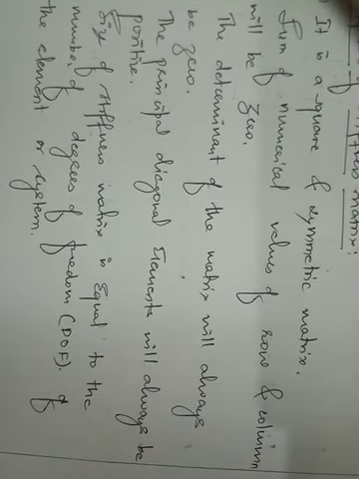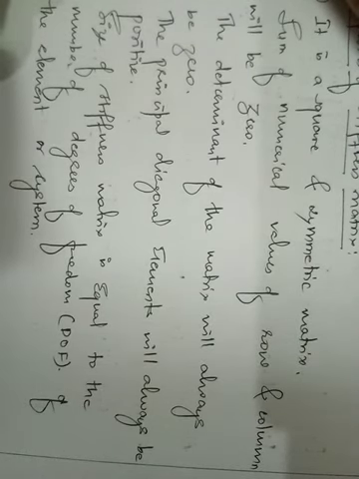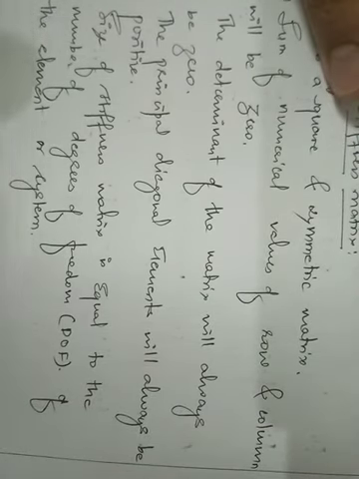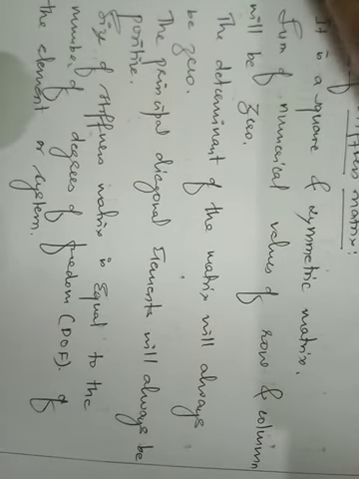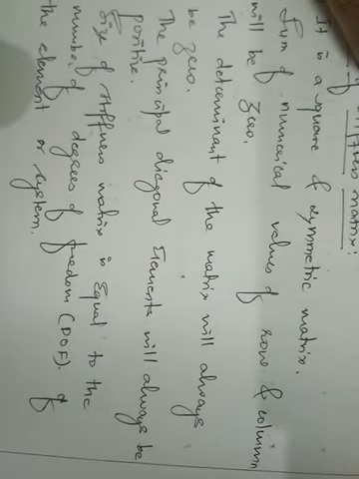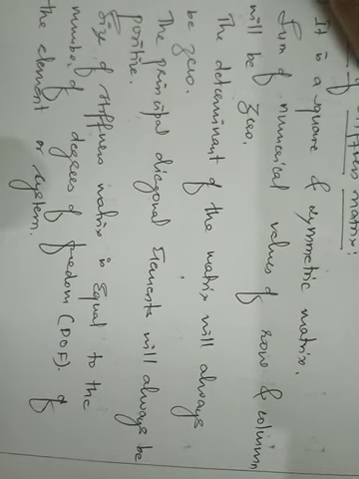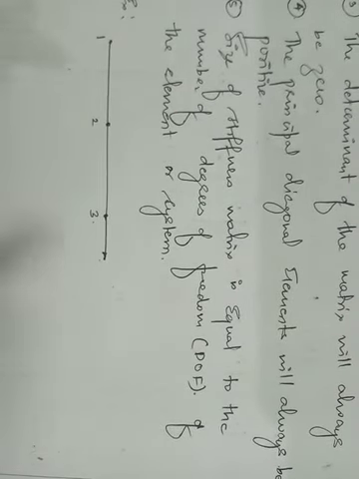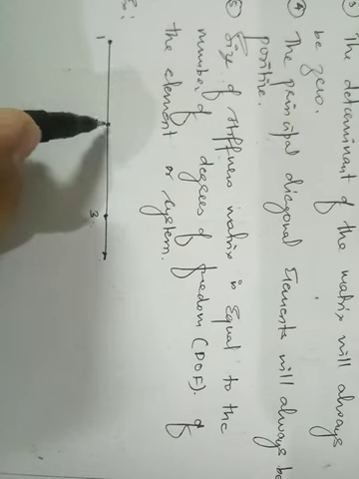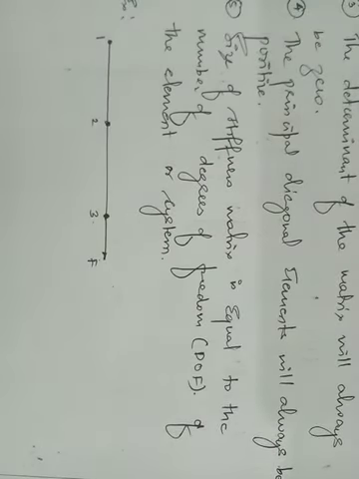Now I'll just go on explaining. Let us take an example. Let us consider an element which is having 3 nodes, say 1, 2 and 3. So this is node number 1, node number 2 and node number 3, and there is some force acting at the third node.